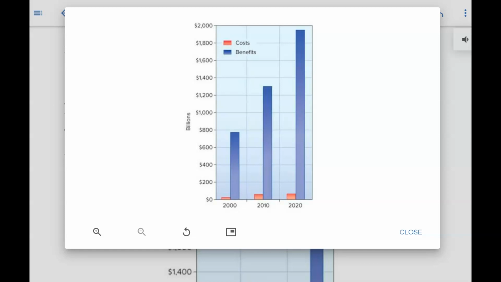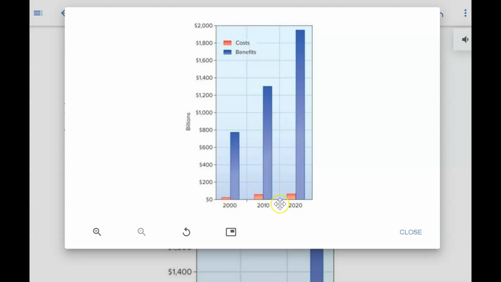So remember, on the bar chart, one variable is a number. And so the number is the cost and benefit in billions of dollars over here. The two categories are the cost and the benefit, right?